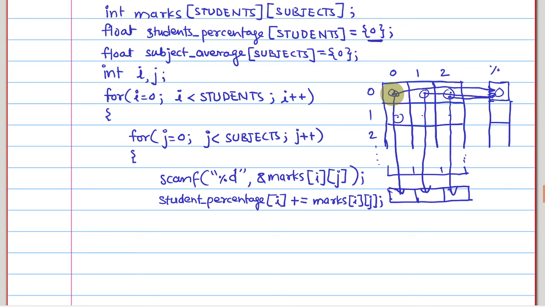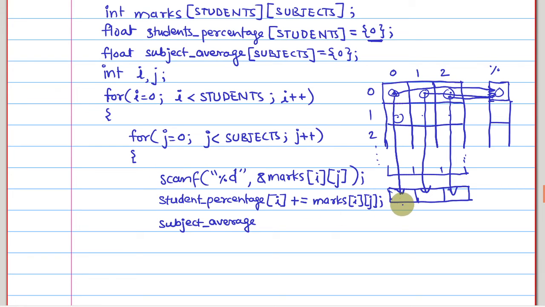Okay. At the same time, while we added this to this, we also want to add it to this array, which is for average, which is called subject average. So how would you do that? Subject average. But please note that each iteration of this inner loop is scanning the marks of a different subject, right?